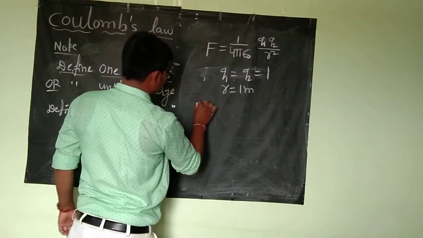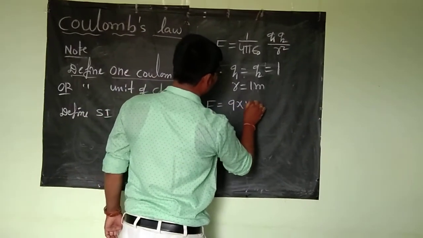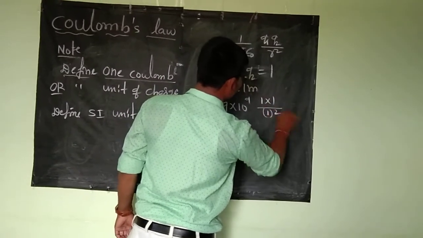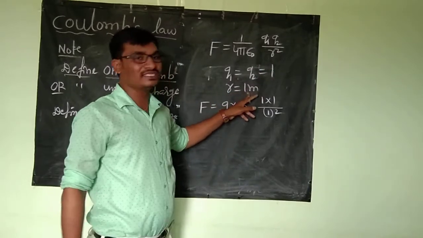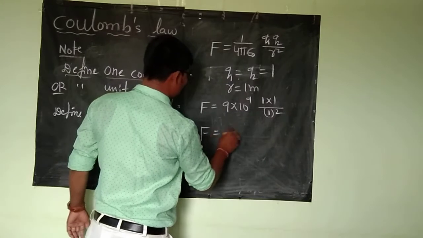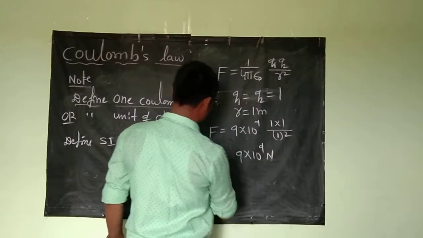Then our equation becomes F is equal to 9 into 10 to the power 9, 1 into 1 divided by 1 square, because they are unit charges separated by a distance of 1 meter. It experiences a force of 9 into 10 to the power 9 Newton.